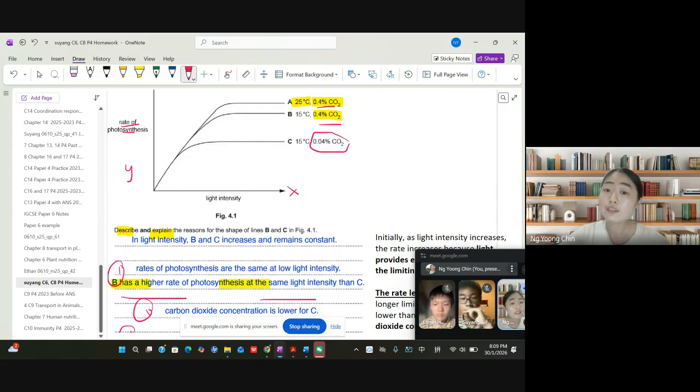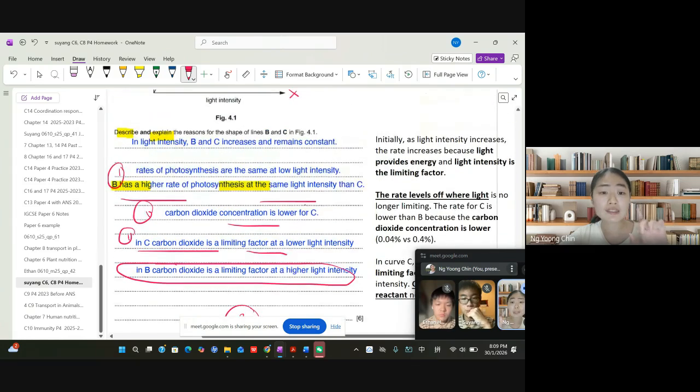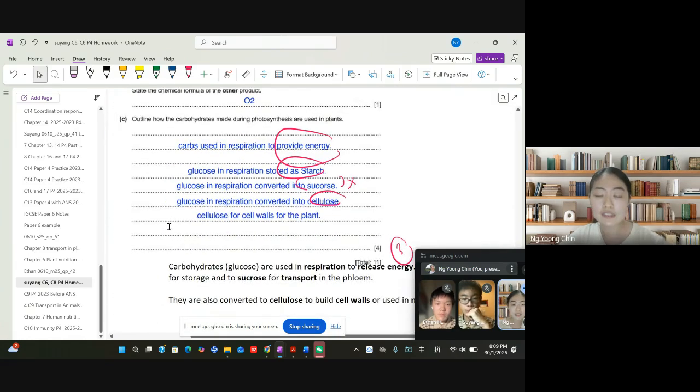So at B, the limiting factor should be the temperature. You agree with me? So that's the thing. This one I can give you 3 marks. It's okay, just improve and it will become better.